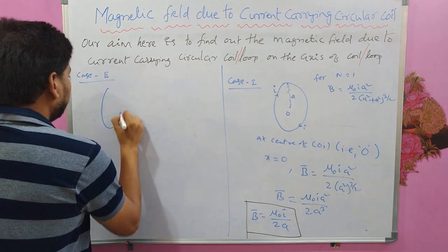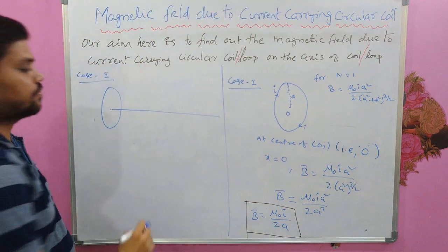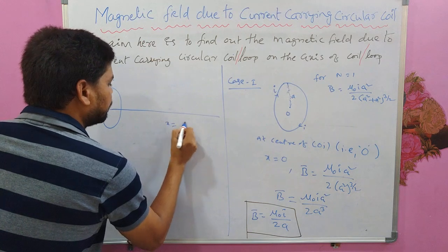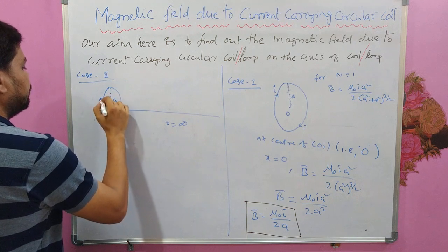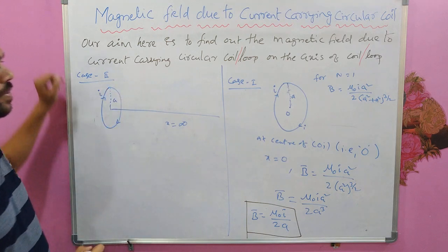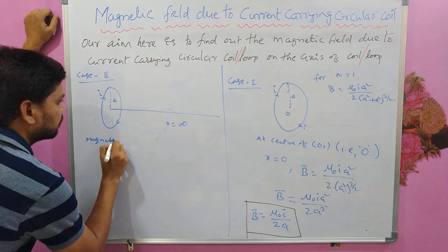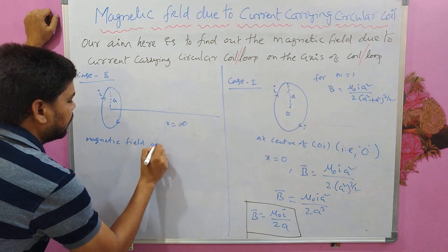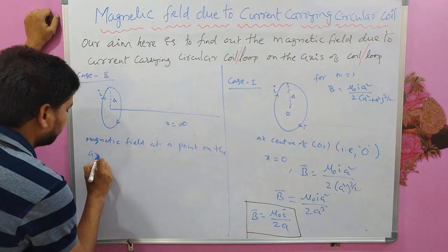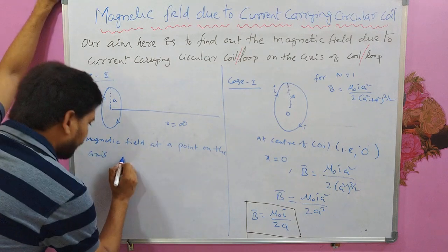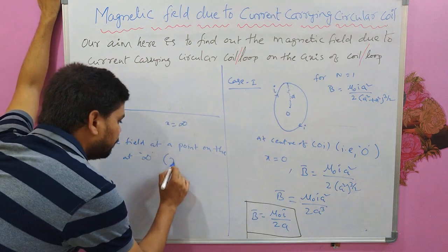the magnetic field at a point at infinity, P is somewhere and x equal to infinity. This is the radius of the coil, current is flowing. Magnetic field at a point on the axis at infinity, means x equal to infinity.